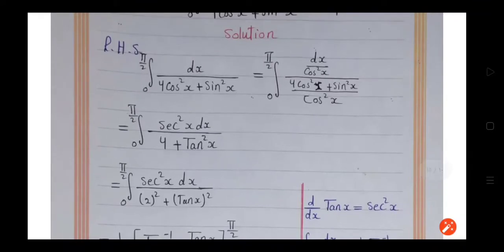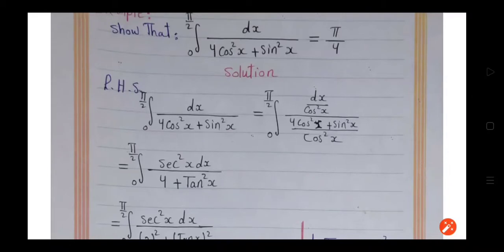Now we're thinking about the relation between sine squared and cosine squared. We can put sine squared and cosine squared in one function, which is called tan x. So we divide by cosine squared in numerator and denominator.